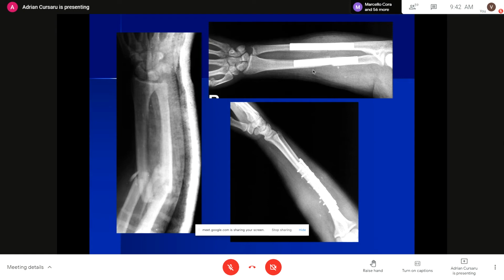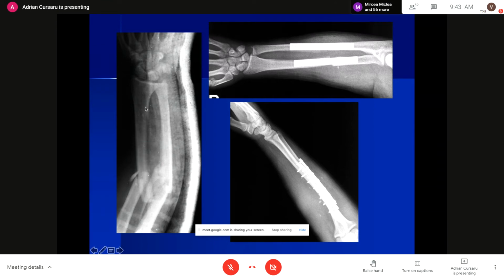I have another question. Do you think it is a polyfractured patient? No, because there are no more than 3 segments. Okay, it could be more than 2 segments, but it is just one segment because we are talking about the fracture of the radius and the ulna, and it is one segment.